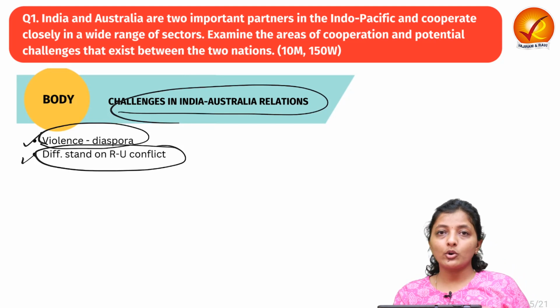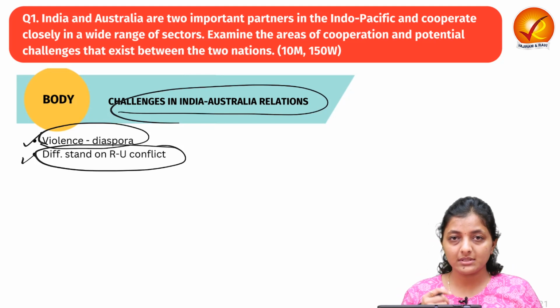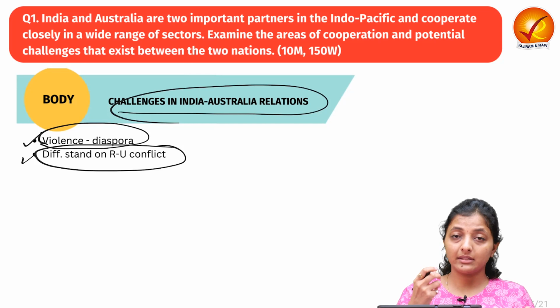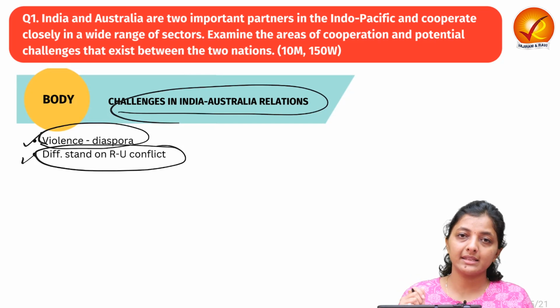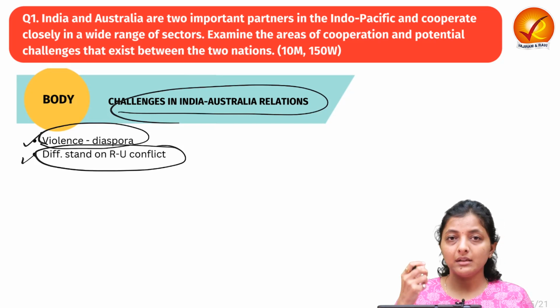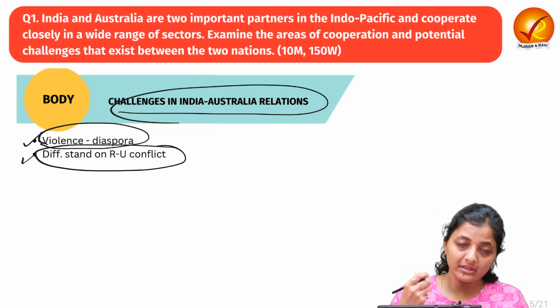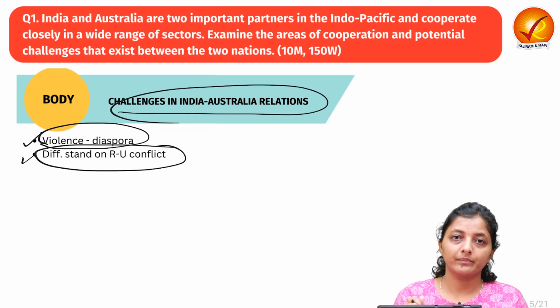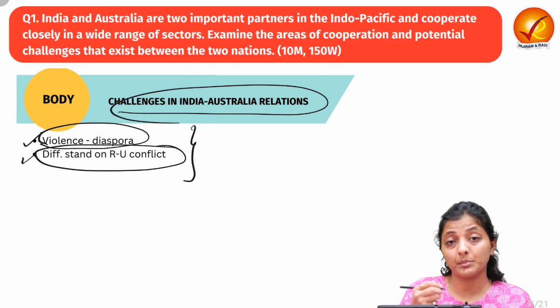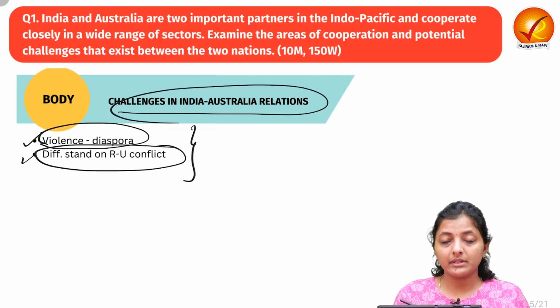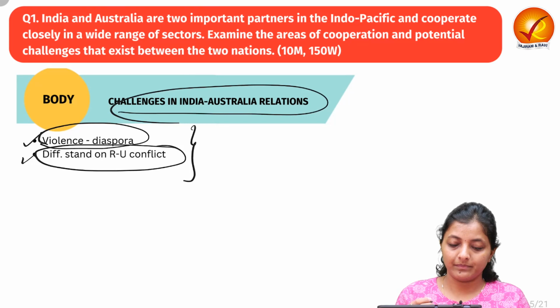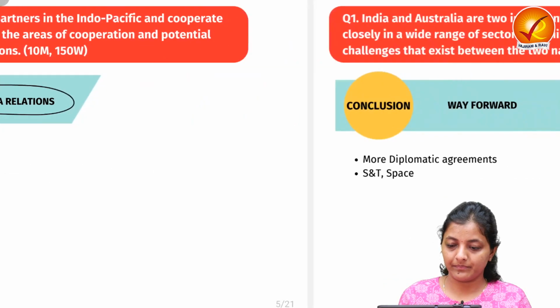As a part of the Quad alliance, everybody was thinking that India would take a stand against Russia. But India denied to take a stand individually, with respect to Russia or Ukraine. So these reasons may hamper the India-Australia relationship. So these are some challenges.